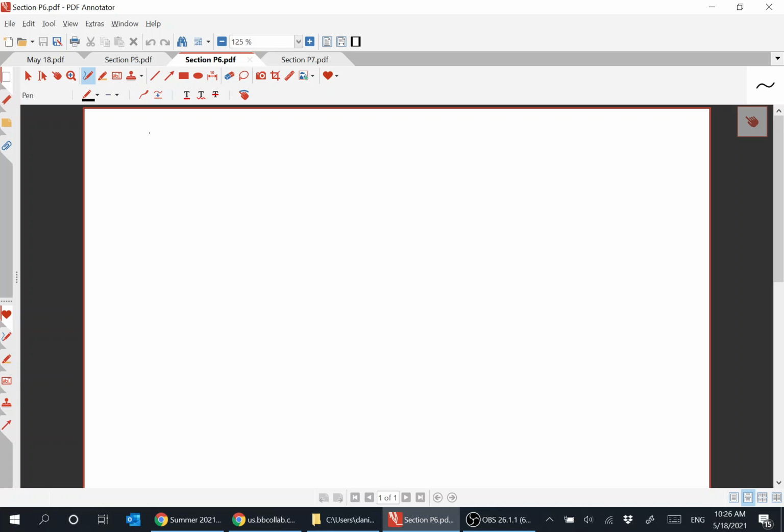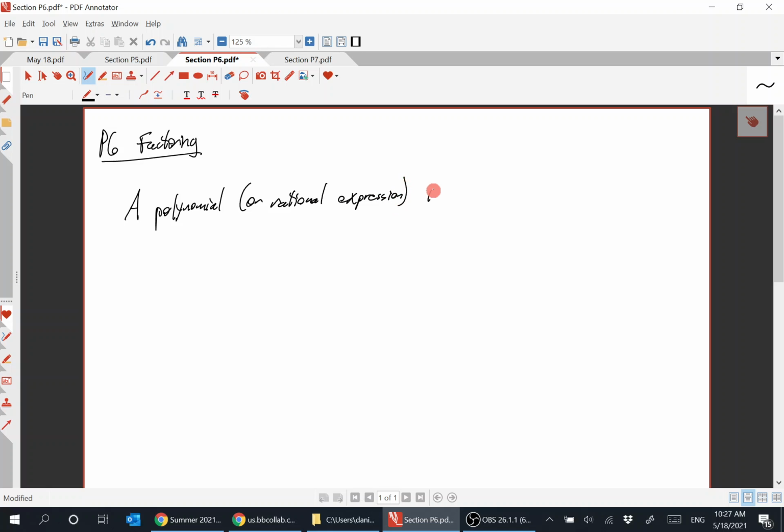All right, anyway, so P6. Factoring. So a polynomial or rational expression in standard form is a sum of monomials.